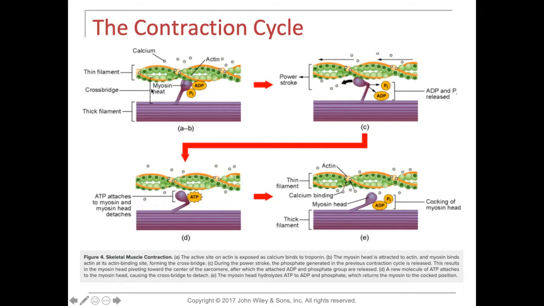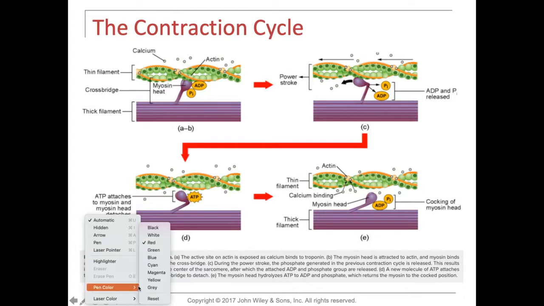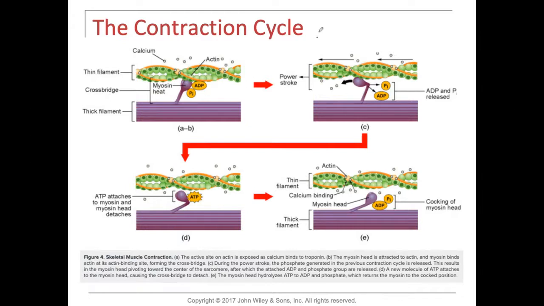I also want you to pay attention at the cross bridge here where they connect. You can see that there's ADP and P. Now let me just show you here. Let's choose blue. So let's say here is adenosine, and then it can bind to one phosphate.